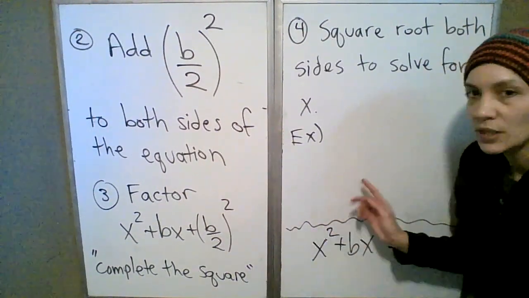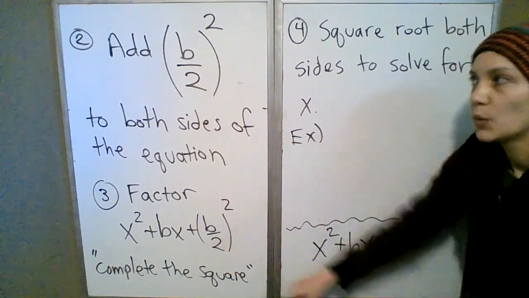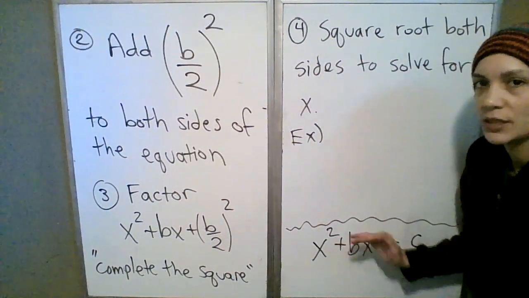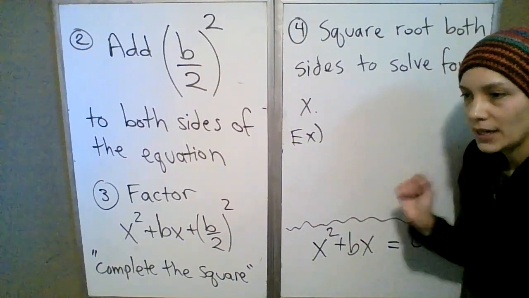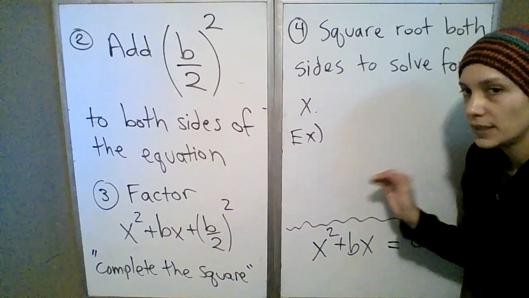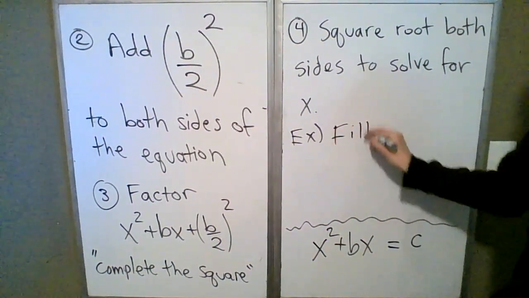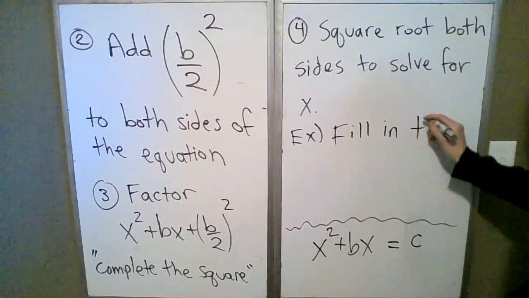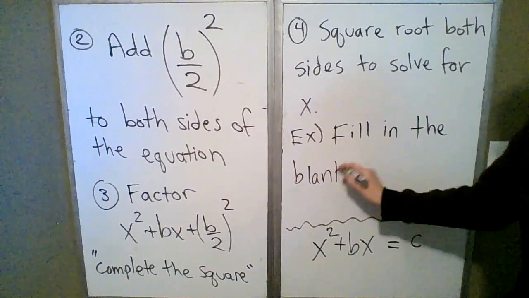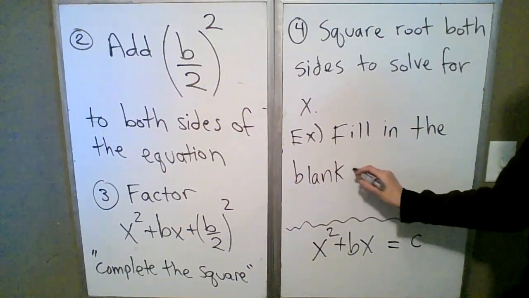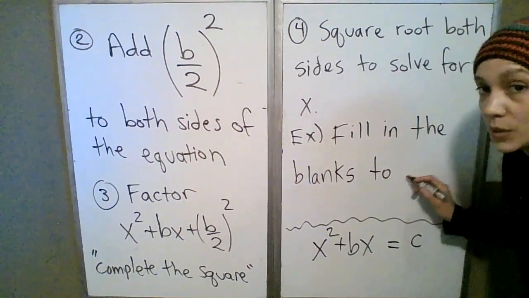After we do that a couple times, after we know what step 3 means, we'll go through all the steps to solve actual equations and get two solutions. All right, so we want to fill in the blanks to complete the square.